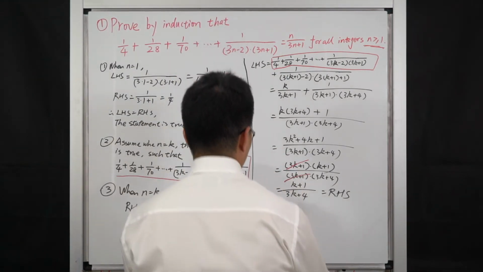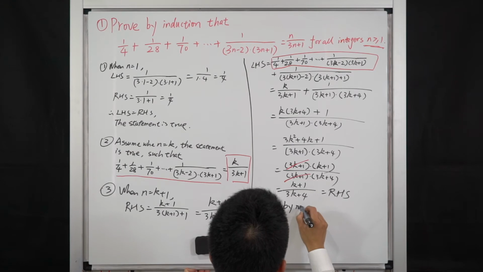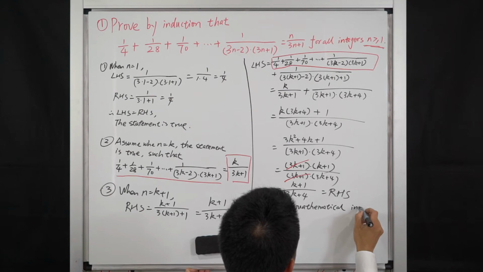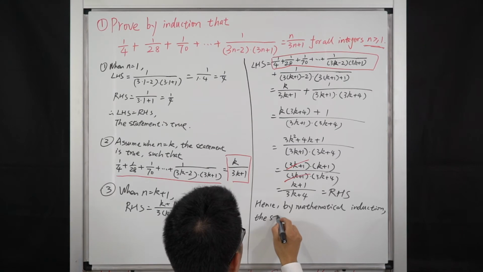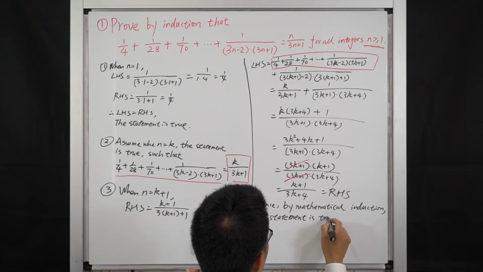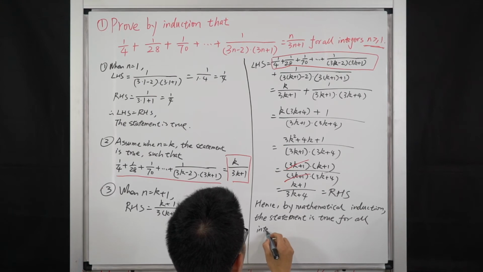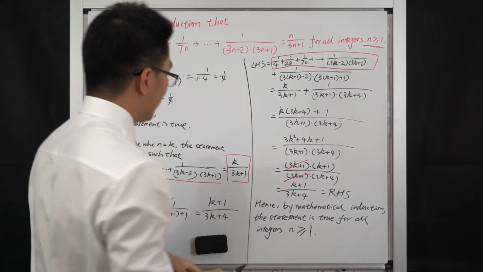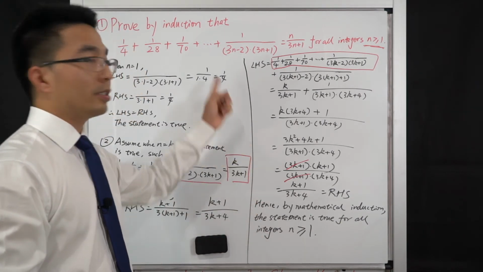Then we can conclude that, hence, by mathematical induction, the statement is true for all integers n greater than or equal to 1. Okay? When we finish these 3 steps, making a short conclusion, answering the question.